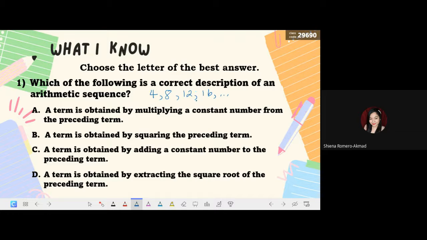So there's an example of arithmetic sequence. So which of the following is the process? Is it by multiplying? Is it by squaring, by adding, or by extracting? Sa tingin ninyo.